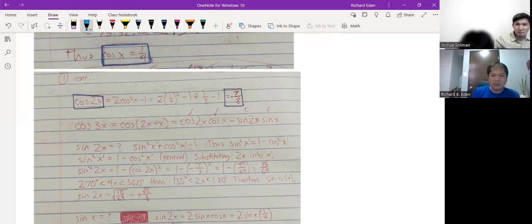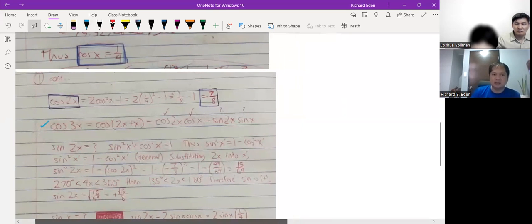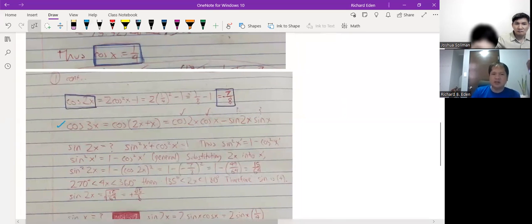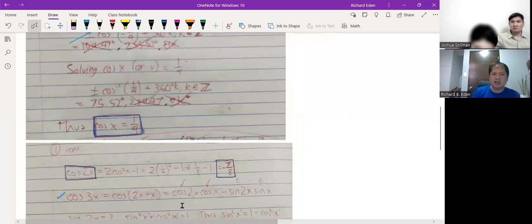Now, this part of the solution involves trying to identify the value of sine of 2x. You're right about this formula. However, I'm reminded of the following, because at this point we already have the cosine of 4x, 2x, and x, and then we need to figure out 3x.